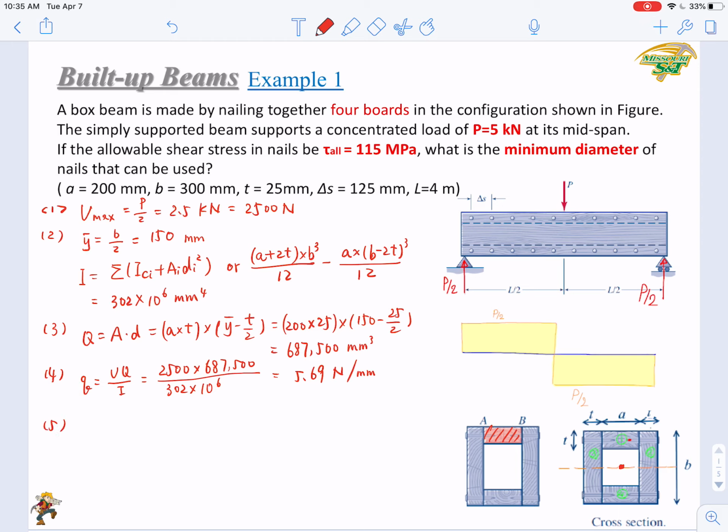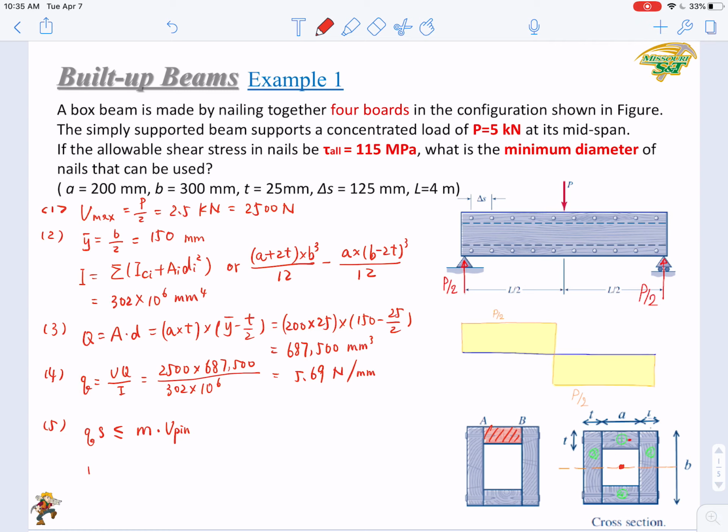Then the last step, we can design, we can select the minimum diameter of the nails. Right, we have two equations that you can use, and the core equation, as we derived previously, is q S not higher than M times the V pin.